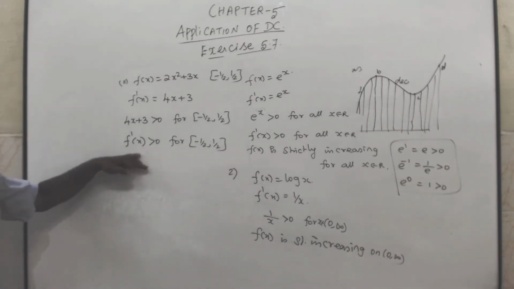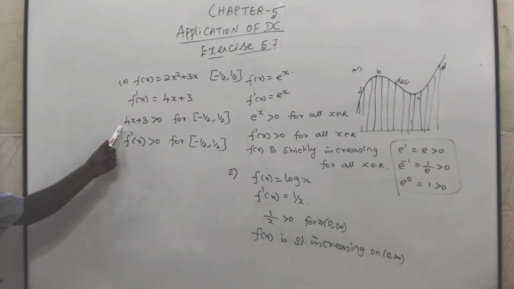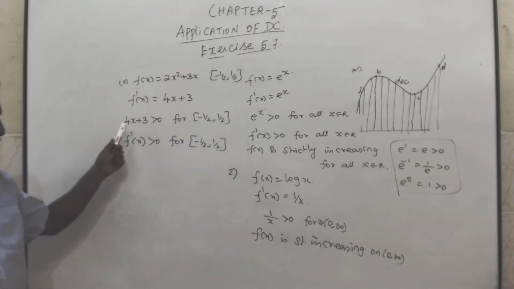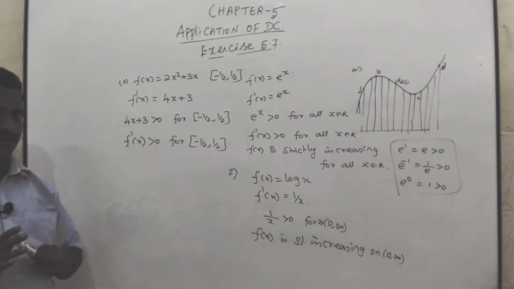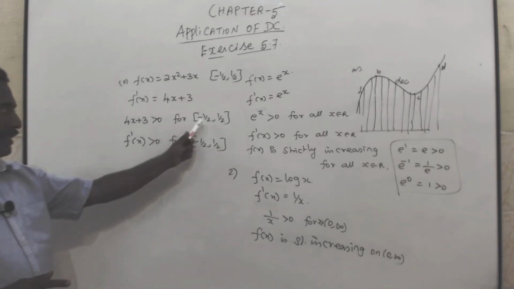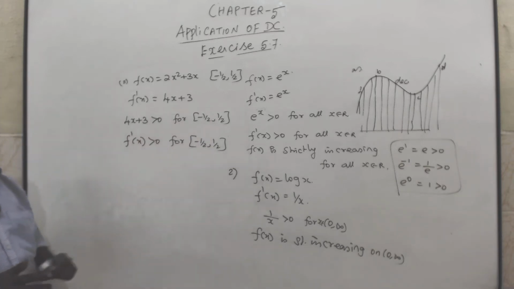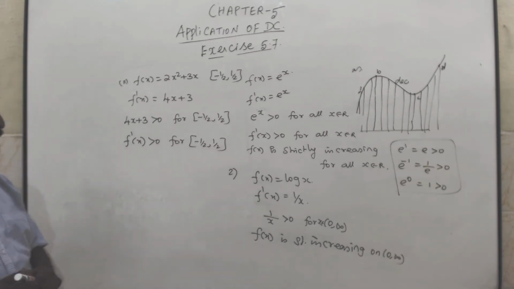Therefore, it is what type of function? Greater than 0. If you want to verify in the rough column, put x equal to minus half, the answer is 1, greater than 0. I don't bother about the value, you just have to identify whether it is positive or negative. Minus 1 by 2 gives positive, plus 1 by 2 is also positive. f dash of x is greater than 0 for minus 1 by 2, comma 1 by 2.